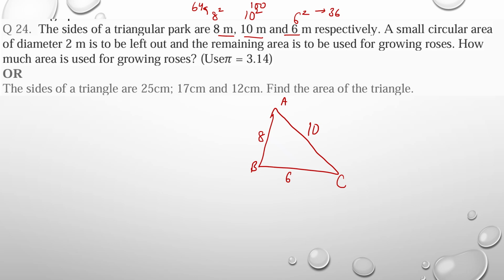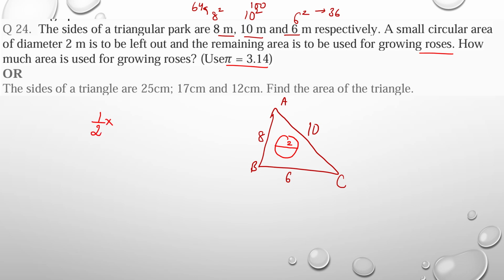A small circular area of diameter 2, so our radius is 1, is left out and the remaining area is to be used for growing roses. How much area is used for growing roses? Use pi as 3.14. Since it is a right angled triangle, what is its area?